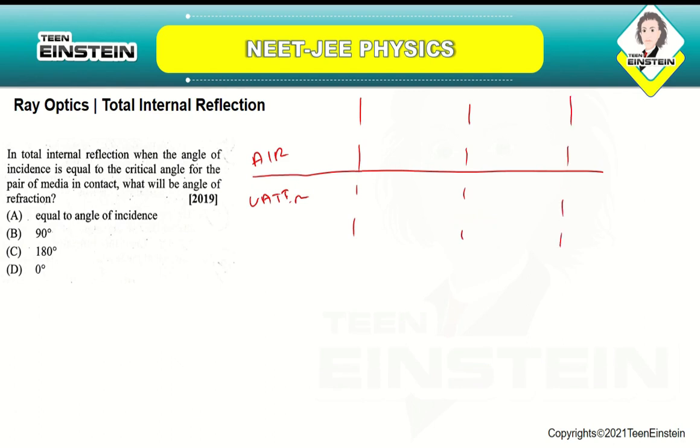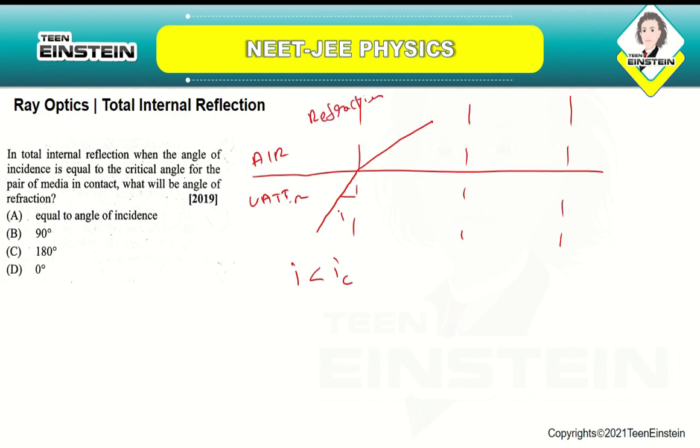Initially, the angle of incidence is smaller than the critical angle. So here, I is lesser than the critical angle, and you will have refraction.